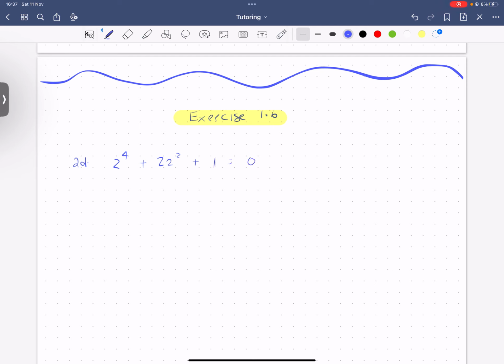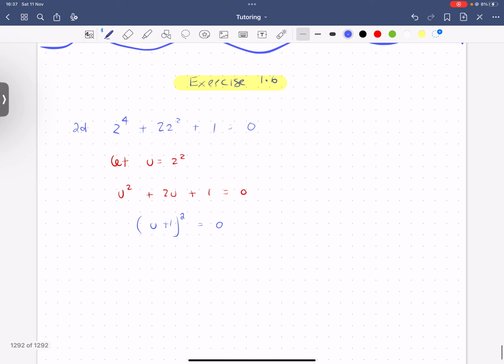Alright. Here we're going to use a u substitution, so if we let u equal z squared, this is going to be u squared plus 2u plus 1 equals 0. Now that's a perfect square, so this is going to be (u plus 1) squared is equal to 0. We square root both sides, we get u is equal to minus 1.